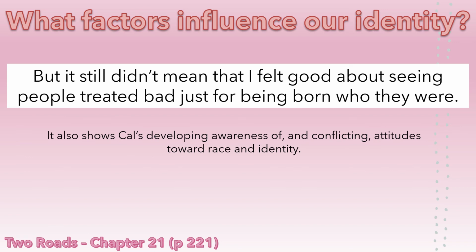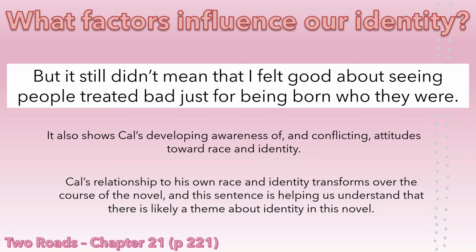This sentence also shows that Cal is developing an awareness of, and sometimes even conflicting attitudes toward, race and identity. His relationship with his own race, and finding out that he's Native American when he didn't know that previously, transforms over the course of this novel.